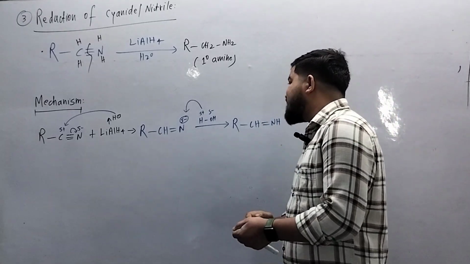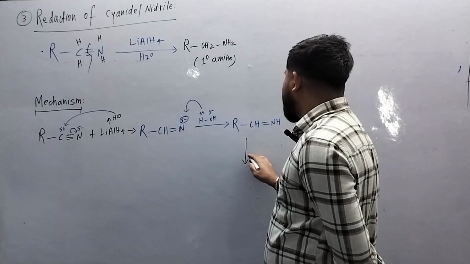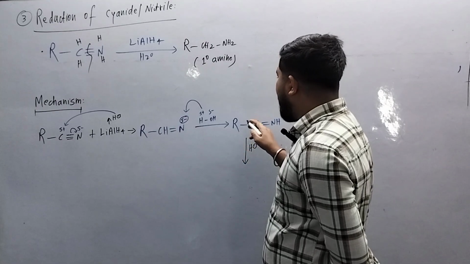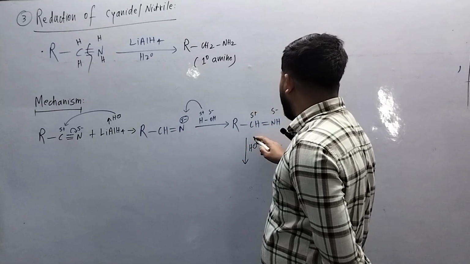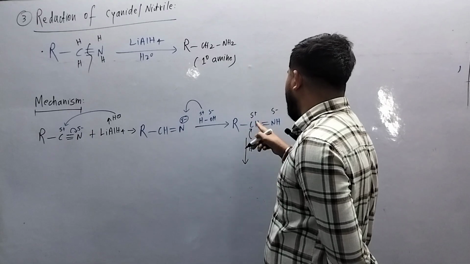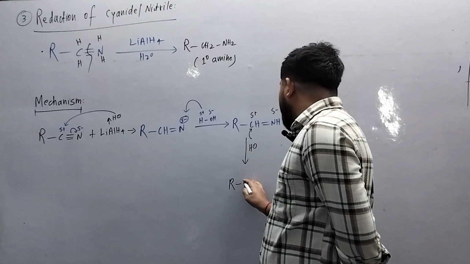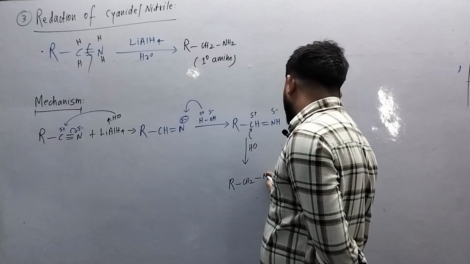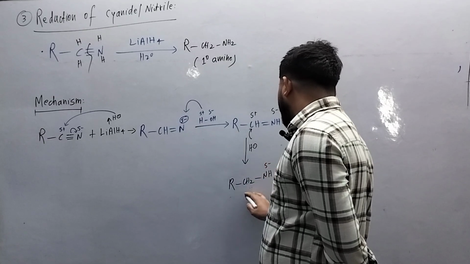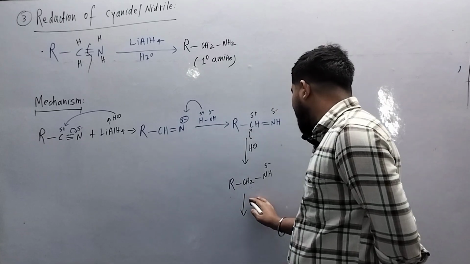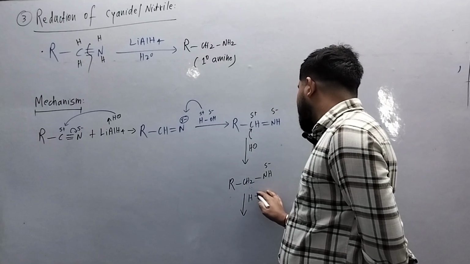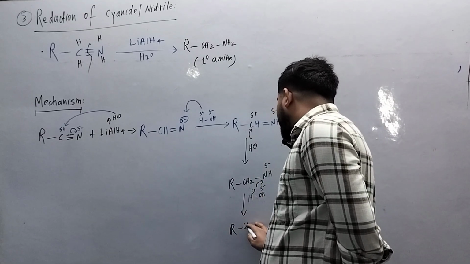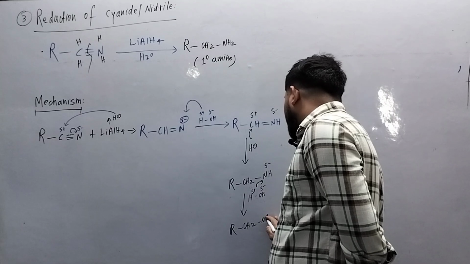In the next step, lithium aluminum hydride will again release H-, which attacks the delta plus carbon, and our intermediate will look like CH2 and N with delta minus again. From the water molecules, delta plus and delta minus, H plus will attack at NH, and our product is CH2NH2.